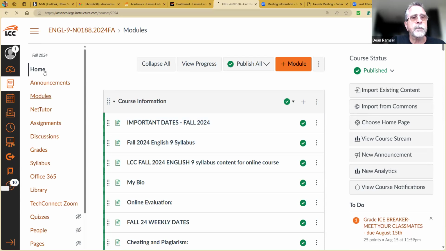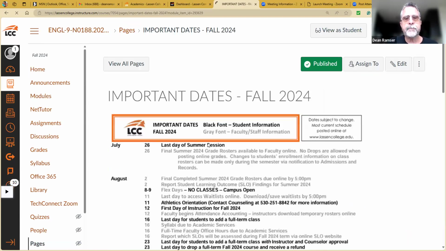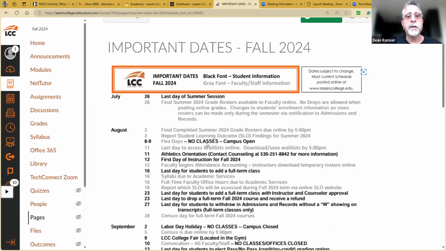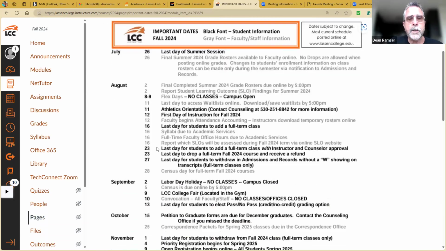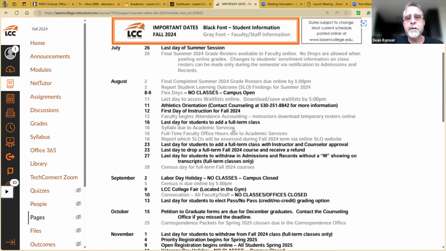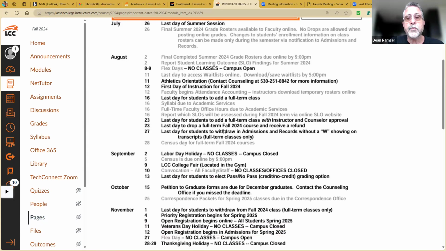Let's take a look at the home page, course information. Start with important dates. This is provided by the college. The course began on the 12th. The last day to add a full-term course is the 16th. Last day to add a full-term course with the instructor approval is the 23rd.